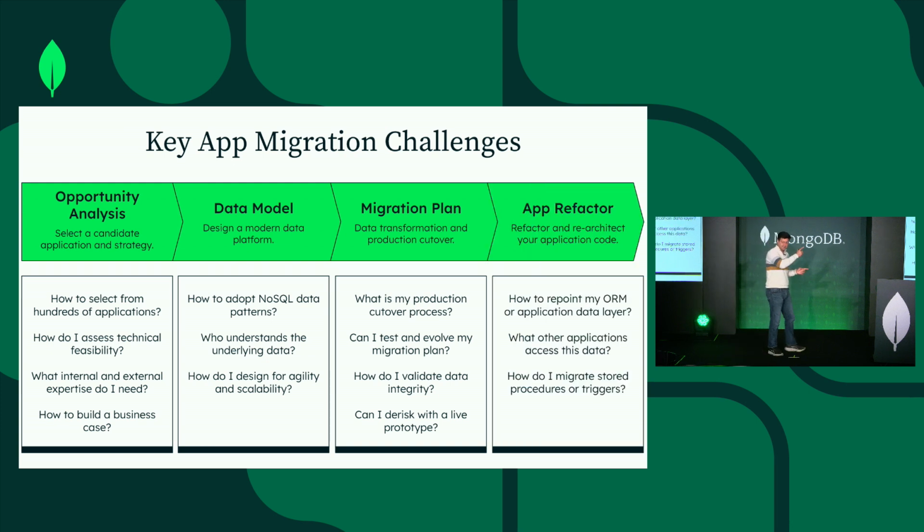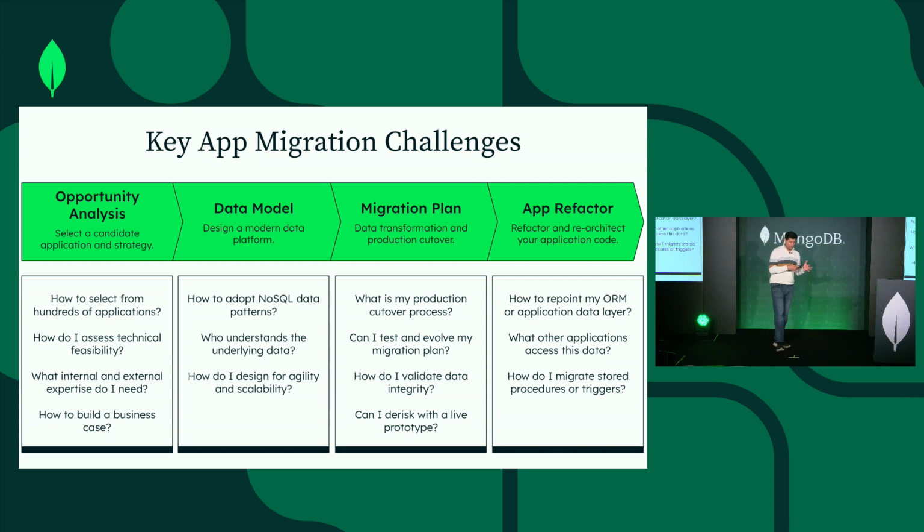The fourth part, even after these three hurdles, is the application refactoring. Once your new database is up and running, you want to make sure your application is still able to talk to this database. Otherwise, it doesn't really serve the purpose. So the application refactoring is maybe the final challenge. But that's not just about the application itself, because RDBMS actually have this interesting notion of allowing you to embed business logic inside the RDBMS itself, the stored procedures, triggers, whatnot.